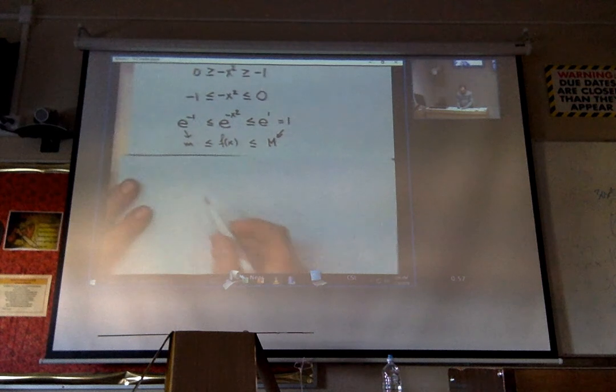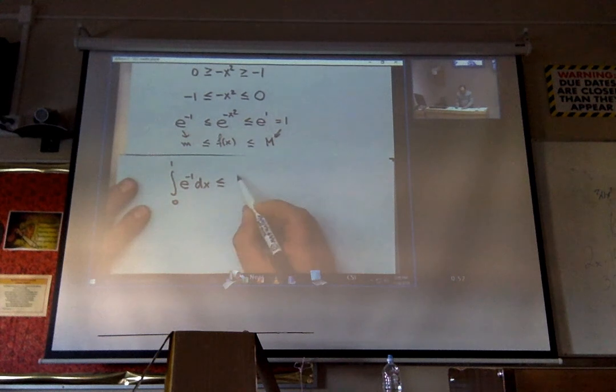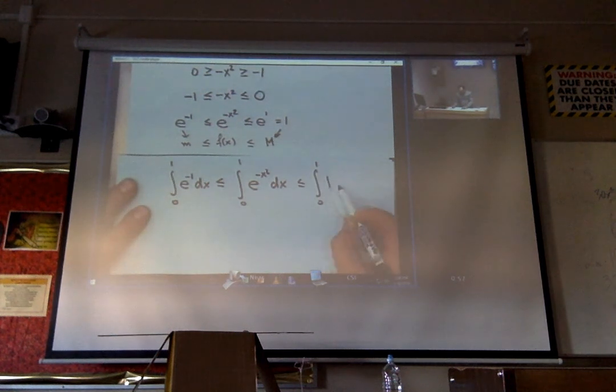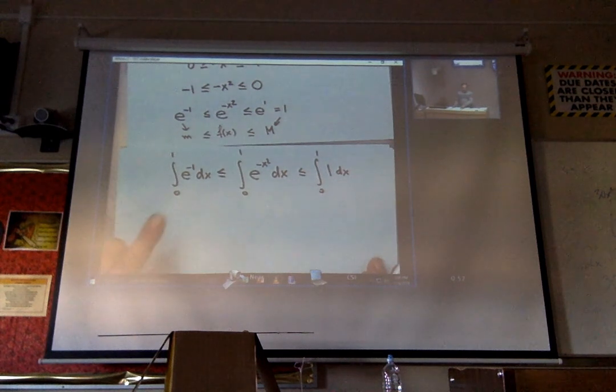So, applying quickly the integral from 0 to 1, e to negative 1 dx. Integral from 0 to 1, e to negative x squared dx. Integral from 0 to 1, 1 dx. So tell me, what is this? Now remember, e to negative 1 is just a constant, right?